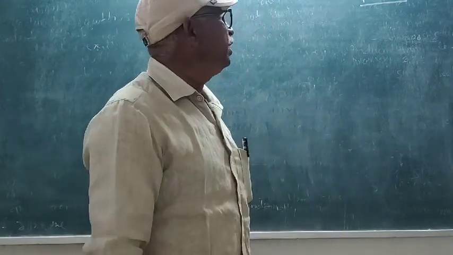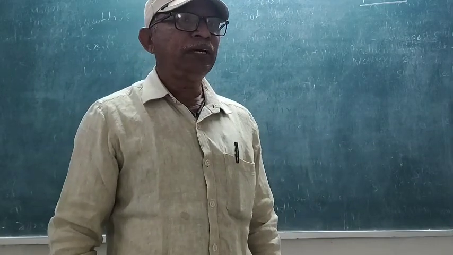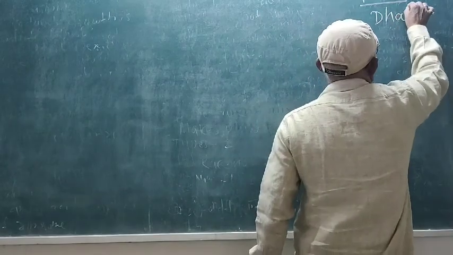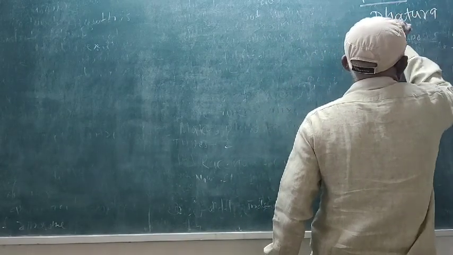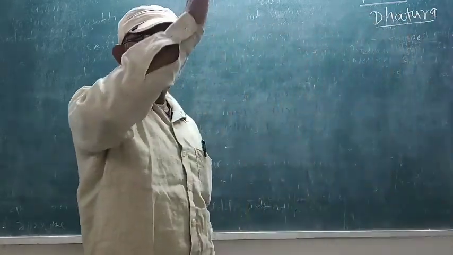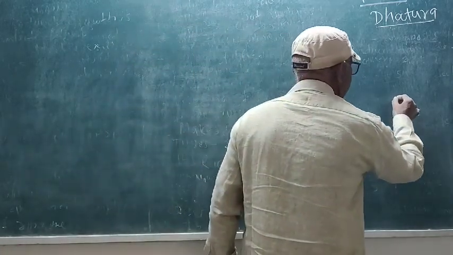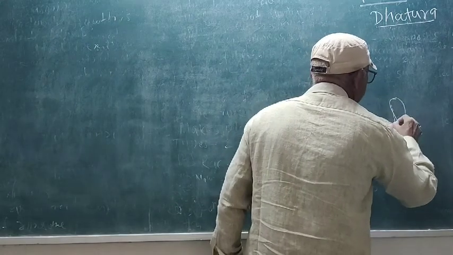So when we study a typical flower, take the example of Datura. When we take an LS, a longitudinal section of the flower, we will get different parts. Here is the thalamus.